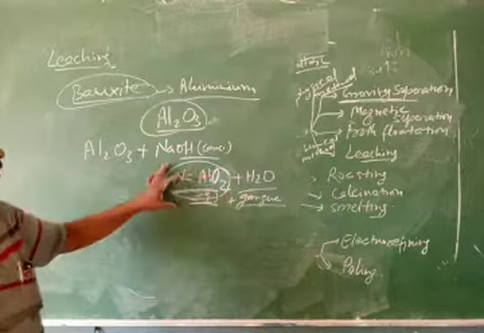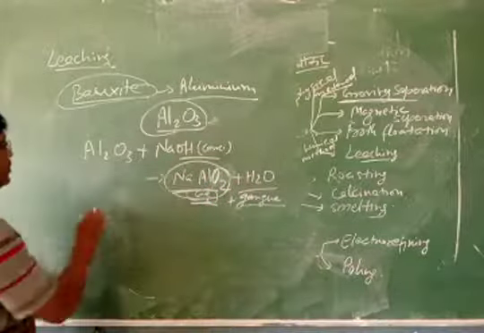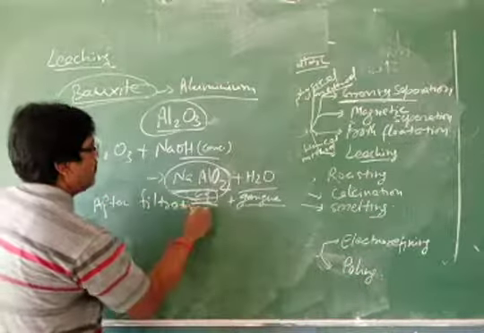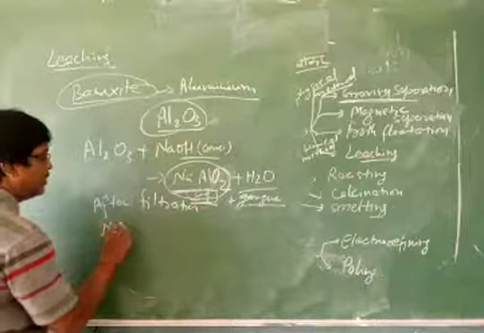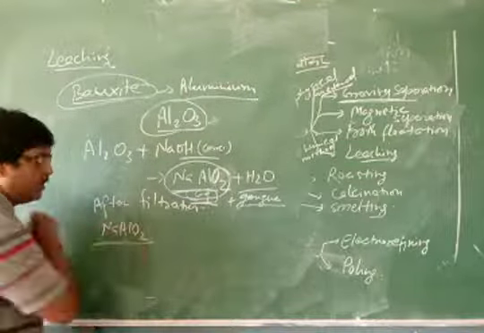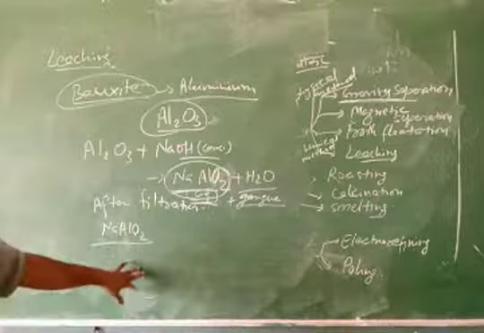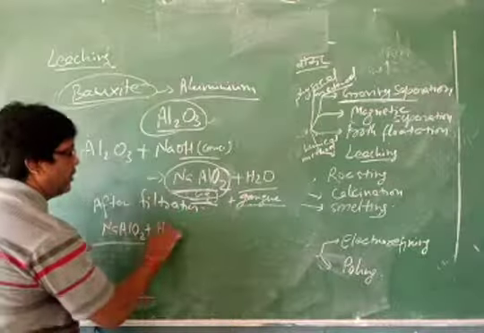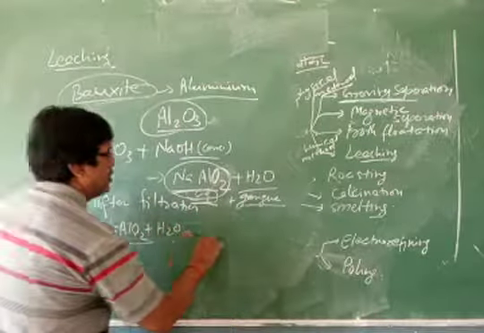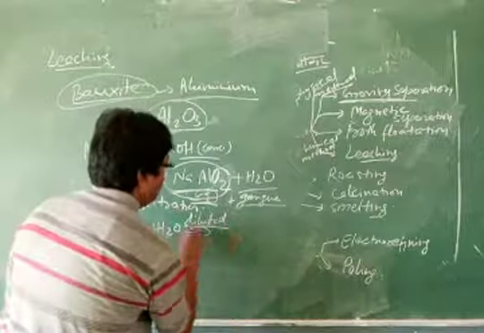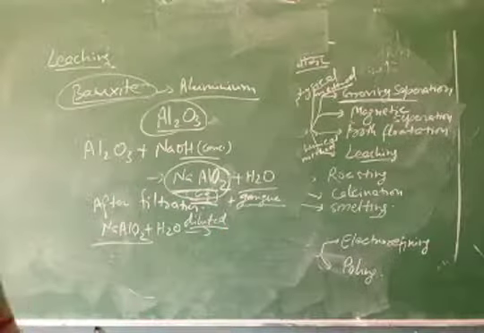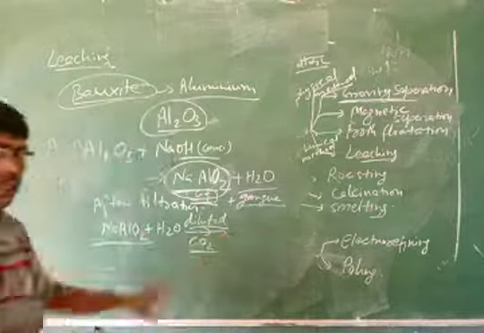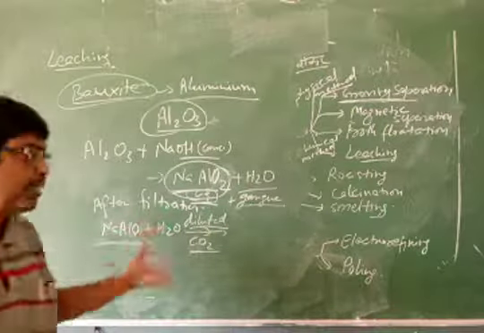So we filter it. After filtration, you have sodium aluminate only, sodium aluminate plus water. This sodium aluminate is diluted, and carbon dioxide gas is blown to reduce the pH of the solution.